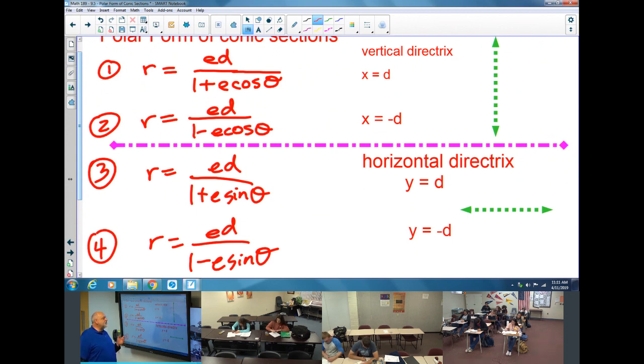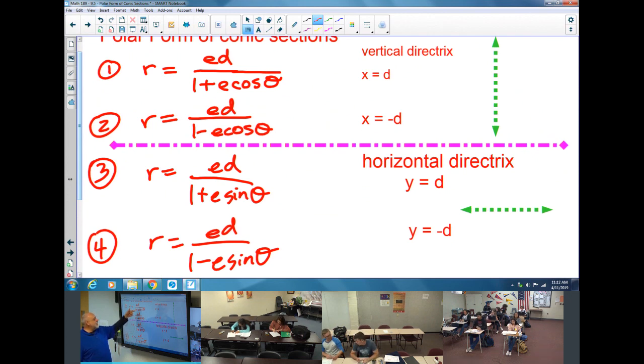E is the eccentricity, and d is the distance to the directrix. So the numerator is E times d in all four of them. Then all four of them have a 1 in the denominator, and then plus or minus E times either sine or cosine.